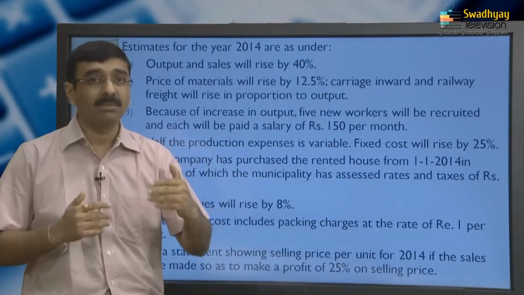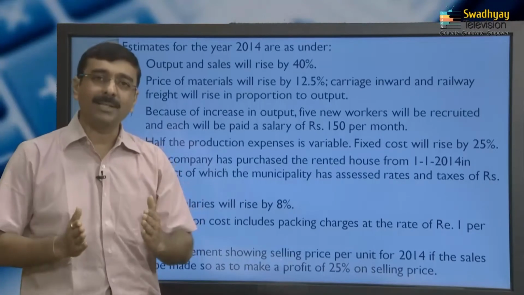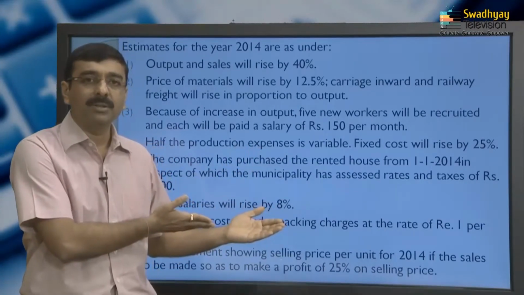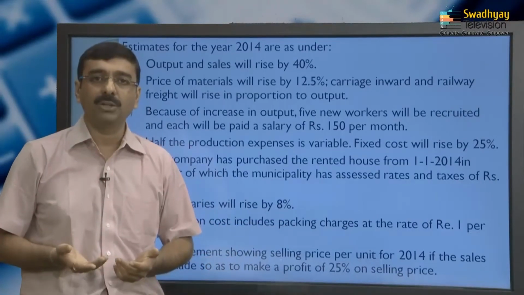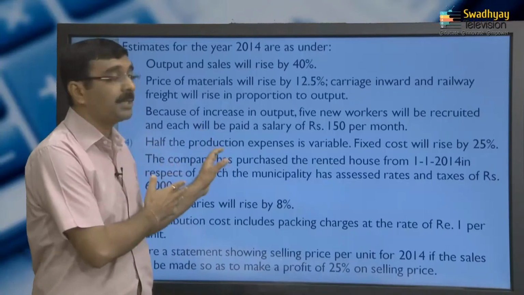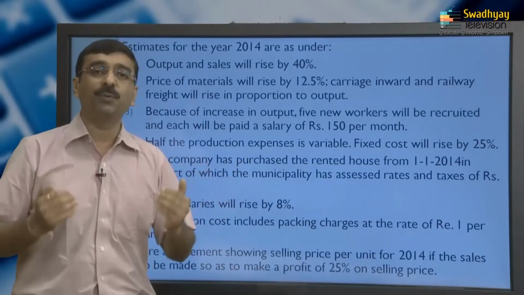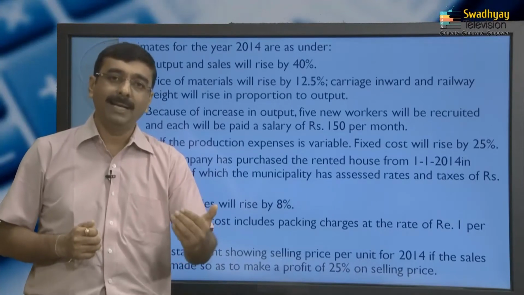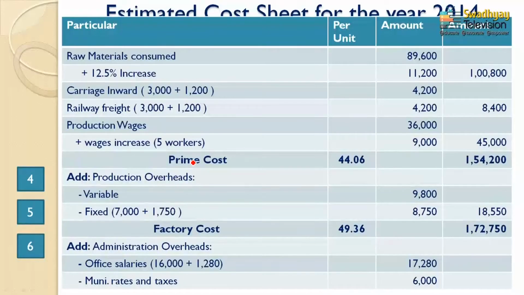We have a cost price but we don't have a sales price, so we find out the proportionate change. If the profitability is given on sales price, how much would be charged on cost price? That is 33.33%. This is the first part of the solution, where we find out the missing items for the calculation of the estimated cost sheet, and now we will find out the estimated cost sheet.